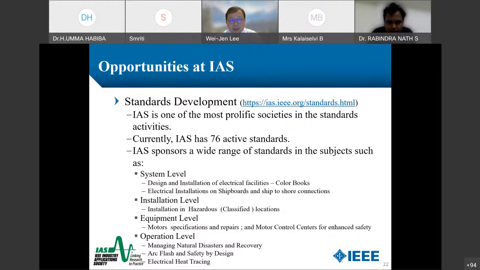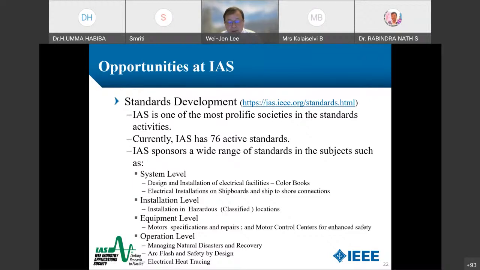The other opportunity inside the IAS is standards development, because standards development is also research. You contribute your expertise and work with subject matter experts. Currently IAS has 76 active standards: system level, installation level, and equipment and operation level standards.